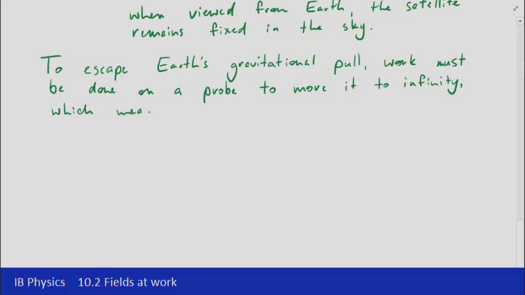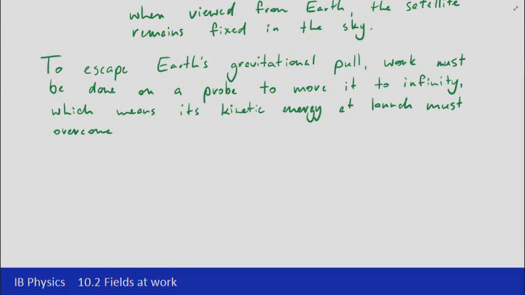so it means its kinetic energy at launch must overcome its gravitational potential energy. Or not necessarily overcome, it's a better word to use there.